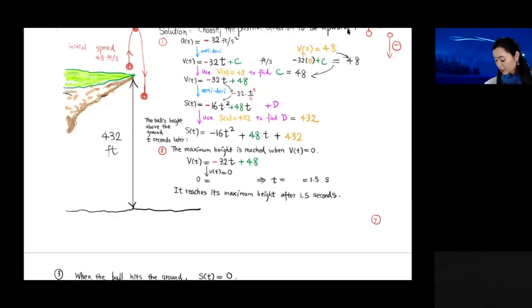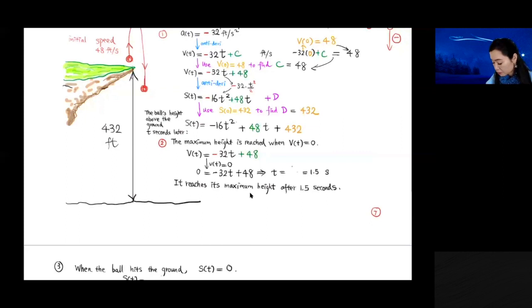So I will set this V(t) equal to 0. Substituting 0 here, I get negative 32t plus 48 equal to 0. So t is equal to 48 divided by 32.